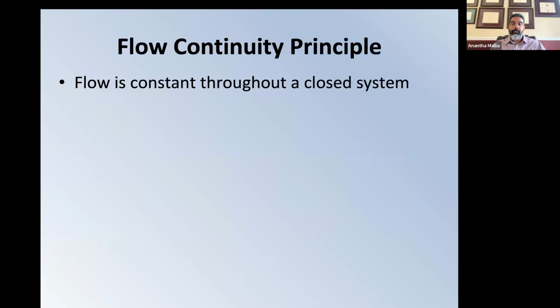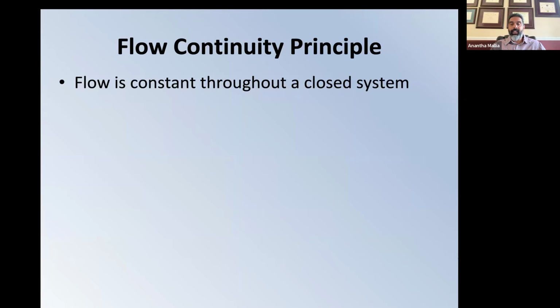Okay. So we talked about the idea of using what's called the flow continuity principle to apply transthoracic echo to get an estimation or measurement of aortic valve area. And the way we do this is by understanding flow continuity.